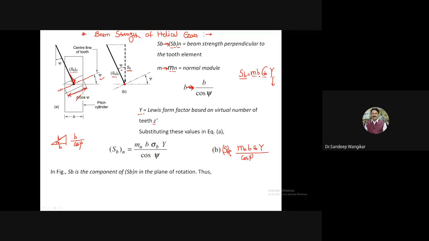Okay, so this is over now. SB is the component of SBN in the plane of rotation. So see here what is mentioned here.